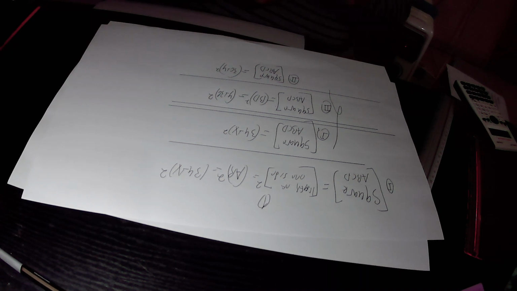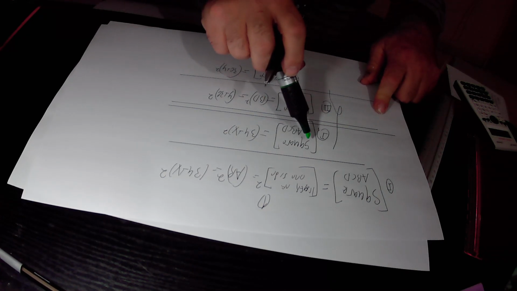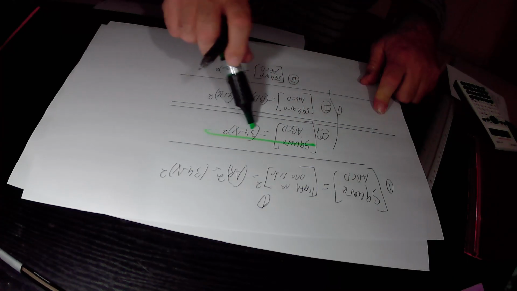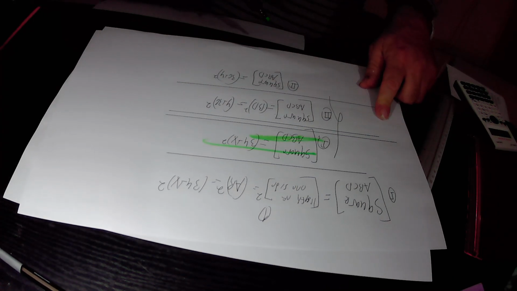So we have two different equations for the area of the same square ABCD. According to equation 1, the area of square ABCD is equal to (34 plus x) squared, while according to equation 2, the area of the same square ABCD is equal to (36 plus y) squared.